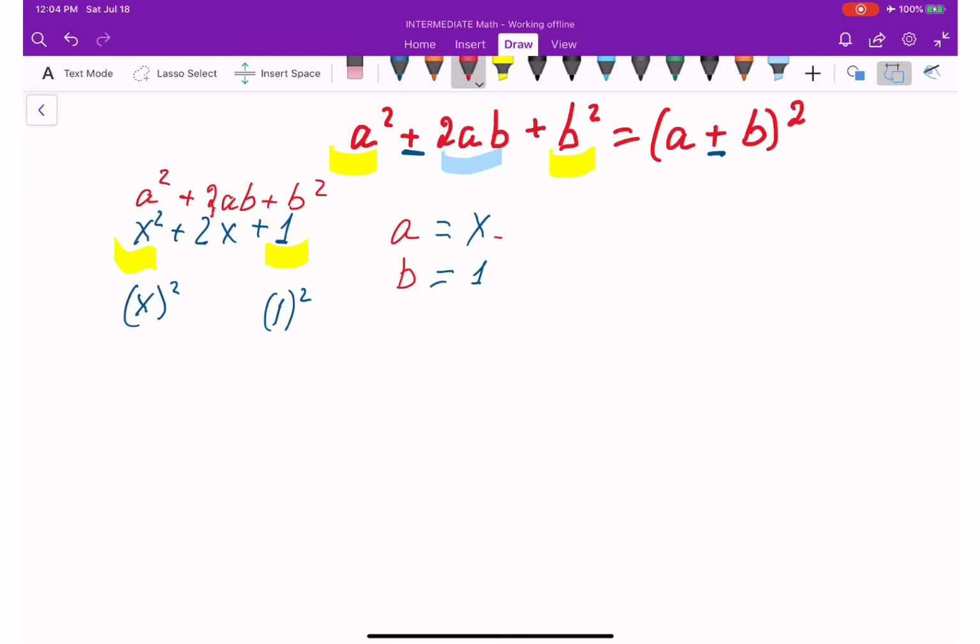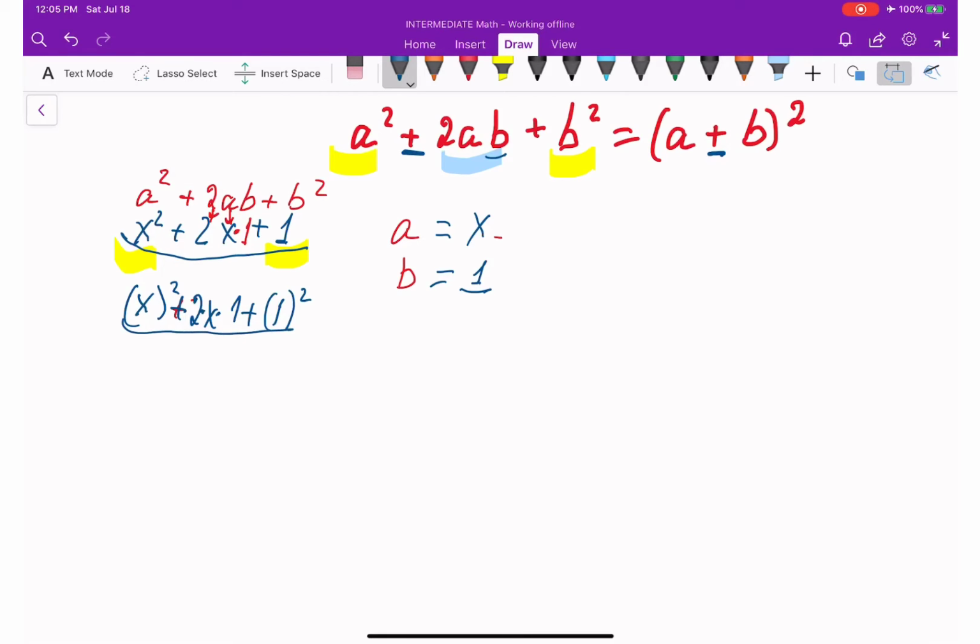The 2 comes down to this one, a is x, but b is 1. Therefore, we have 2x. That's how we defined it. Let me check if 2ab is going to work with this: plus 2 times my a, x, multiplying, and my b, 1, multiplying. Did I get the original equation, x squared plus 2x plus 1?